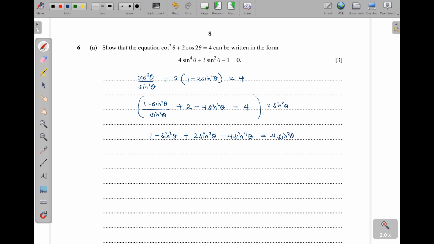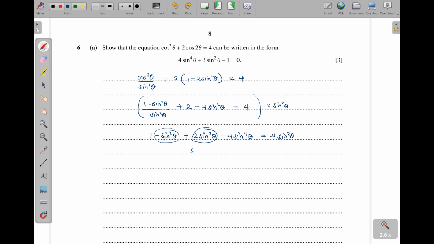To make the coefficient of sine power 4 positive, I will take everything to the other side. Now 2 sine squared theta minus sine squared theta, we shall get sine squared theta. Then when it comes this side, it will go there as a minus.